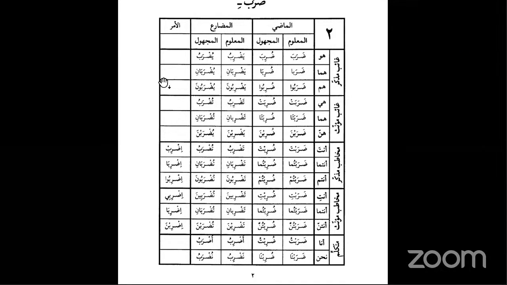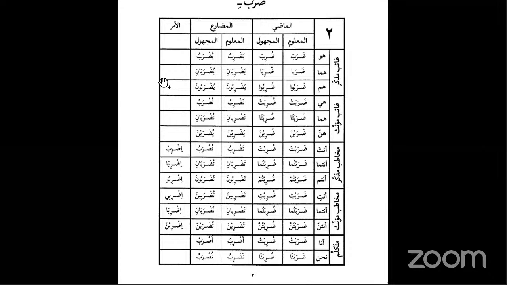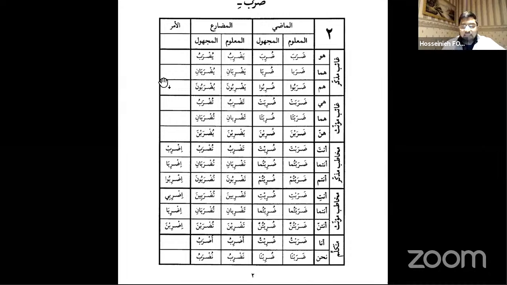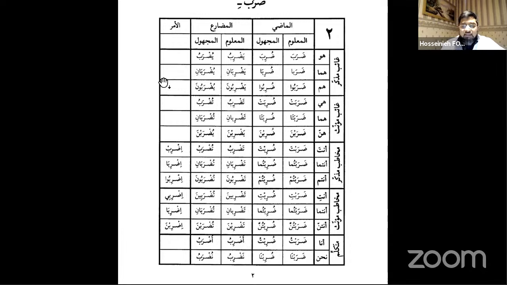Marfu is when the last letter of the singular masculine verb is given a dhamma. Yadribu. So yadribu is the single form and it gets a dhamma. This is called halatul marfu. That's the first case.